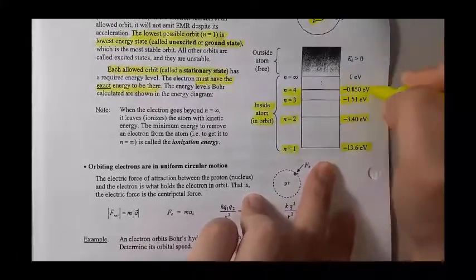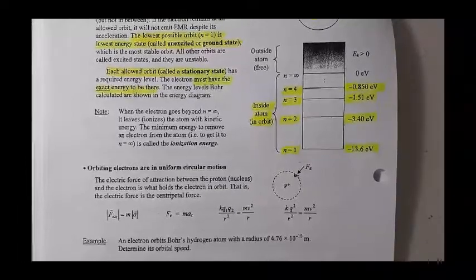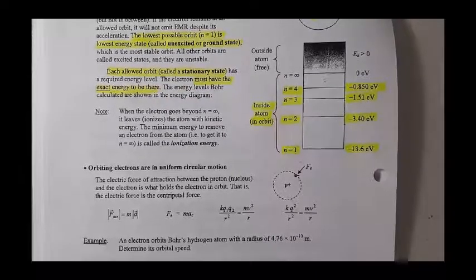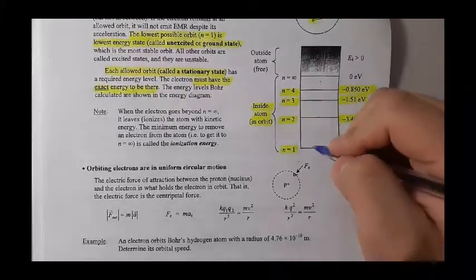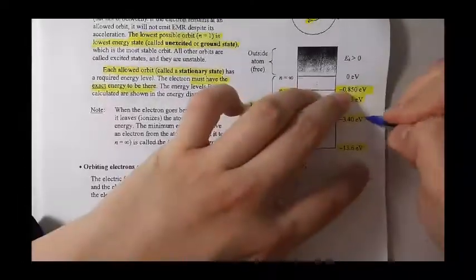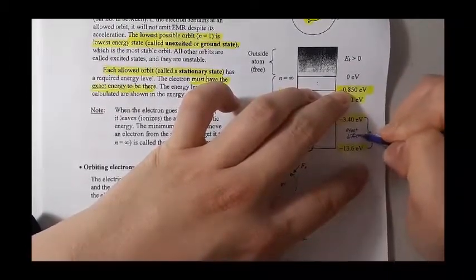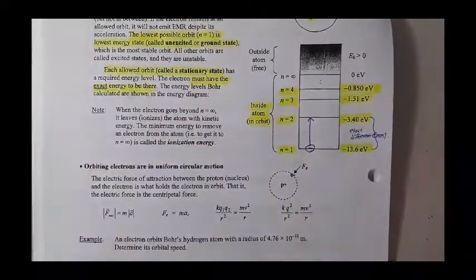You don't need to memorize these values: negative 13.6, negative 3.4, negative 1.5, negative 0.850, something like that. You need to understand that each level has a certain electron energy, and to make this electron go to the other level, you have to have the exact energy difference to get to this level.